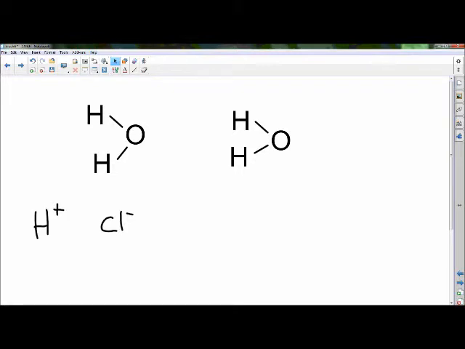This H plus then is going to be looking for something to attach to, and so it can kind of come along and attach and form another bond with this water molecule, because this oxygen basically has extra space on the one side where it can form up, and so it'll form another bond with the water molecule. And now we have an oxygen with three hydrogens.